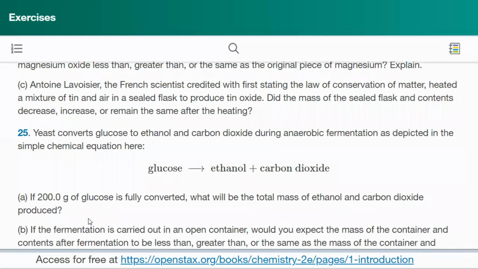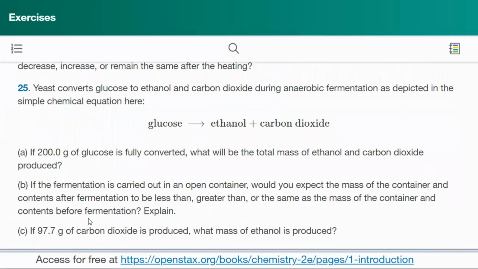C, Antoine Lavoisier, the French scientist credited with first stating the law of conservation of matter, heated a mixture of tin and air in a sealed flask to produce tin oxide. Did the mass of the sealed flask and contents decrease, increase, or remain the same after heating? They remained the same. That's how he deduced the law of conservation of matter.